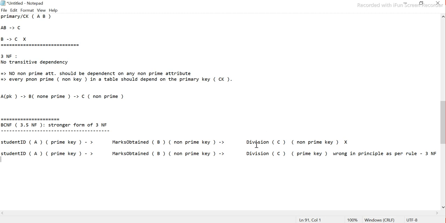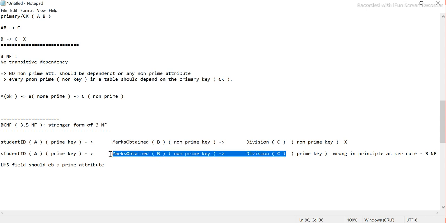In BCNF it says that every left hand side field in the relationship should be a prime attribute. What does it mean? It means that here, if you see, the left hand side for this particular relation is non-prime. So this is not allowed in BCNF.